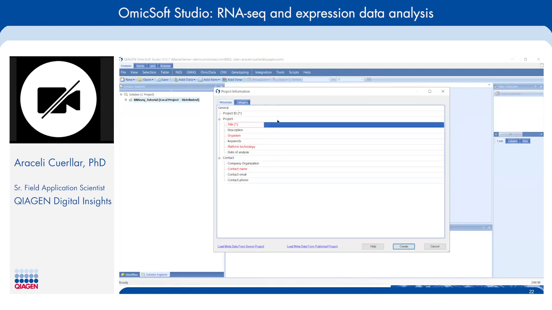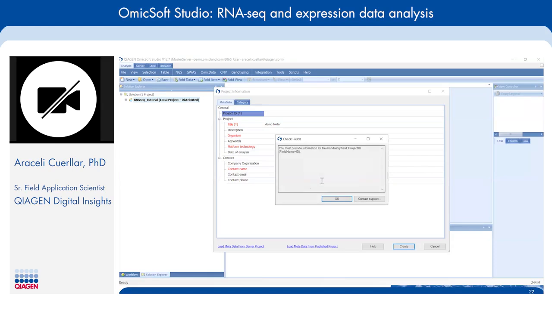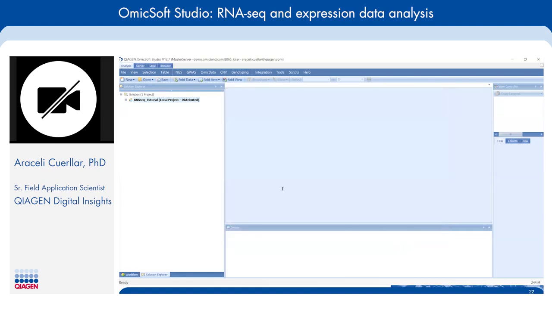In my case, our only requirement is that I have a title. So I'll just put demo folder and then create. And that's going to create a server project that you can easily use for your analysis.